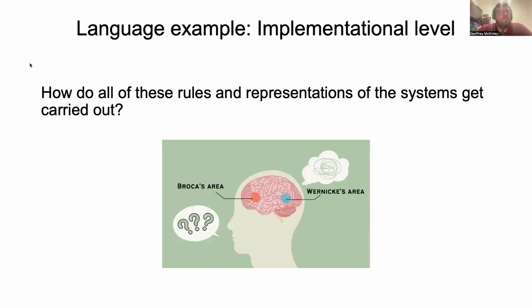Now, I'm not sure how much of this is known, and I certainly don't know much about it, but I do know that, for example, if you have brain damage, maybe because of a stroke, to right here, which is called Broca's area, you have trouble producing speech, but you are good at comprehending speech.